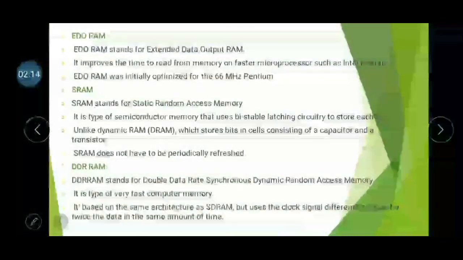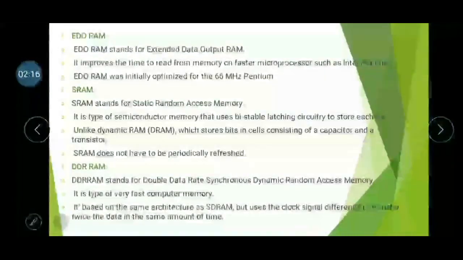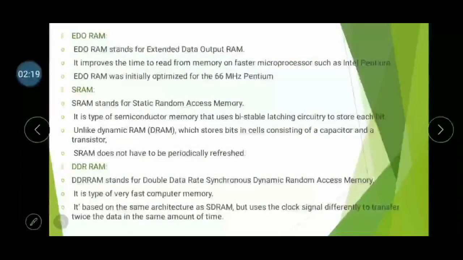EDO RAM stands for extended data output RAM. It improves the time to read from memory on faster microprocessors such as Intel Pentium. EDO RAM was initially optimized for the 66 MHz Pentium.